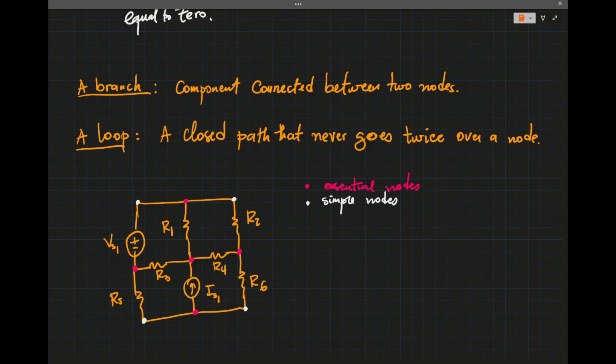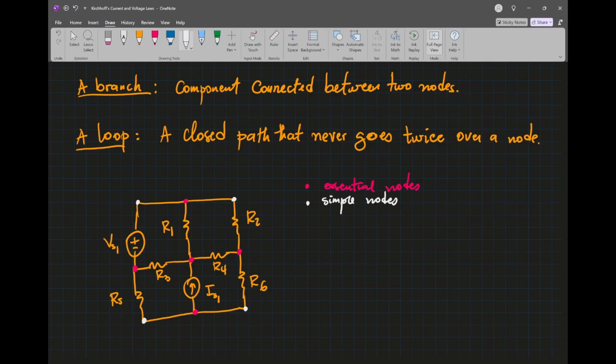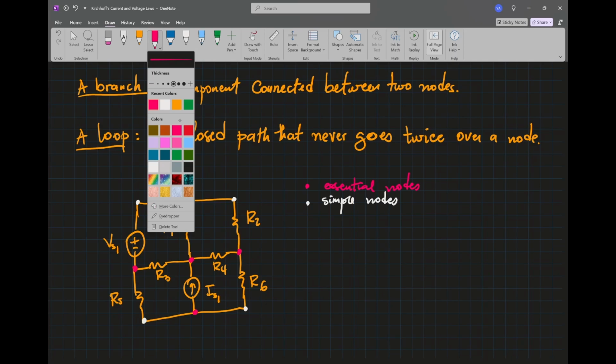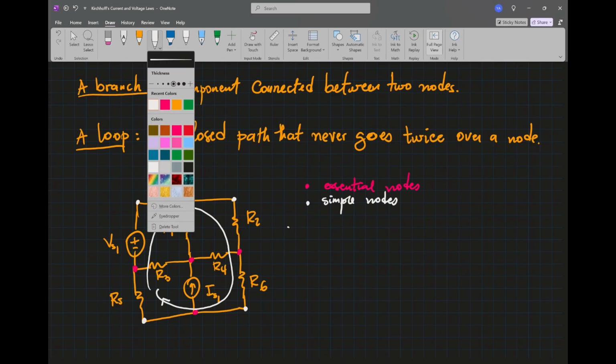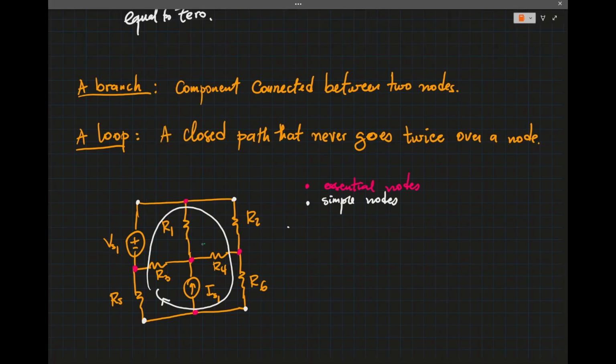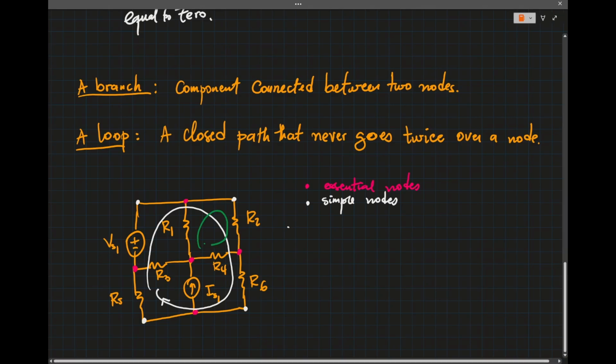Okay, so now what is a loop? Let's give an example of a loop. So this, for example, is a loop. And this, for example, is a loop.